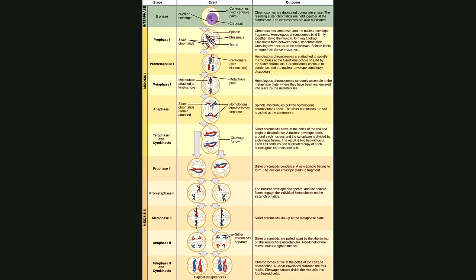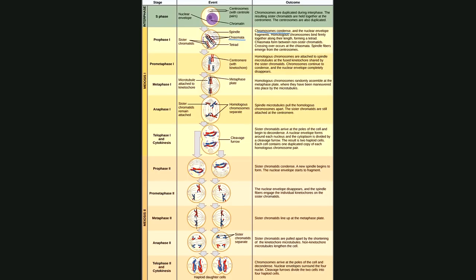Well, in prophase 1, as I mentioned to you, one of the most important things that's happening, and here they have it labeled as chiasmata, is the crossing over, where there's an exchange between the homologous chromosomes, a little bit of genetic recombination. The other things are similar to mitosis in that the chromosomes condense, because remember, before a cell enters cell division, it exists as chromatin.